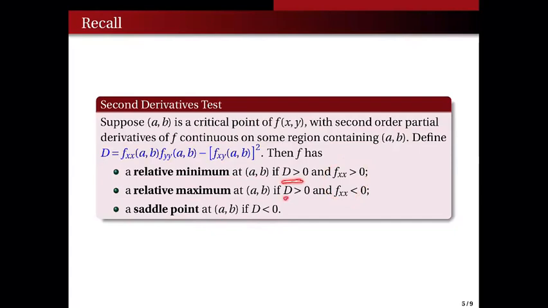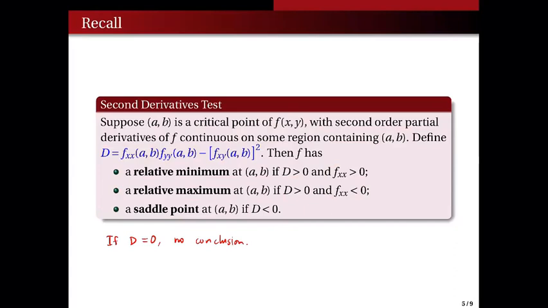You have your D positive, you have your D negative here, and we don't have D equals 0. In fact, if D is equal to 0, then we cannot conclude anything. Okay, so let me just write it here. If D equals 0, no conclusion.